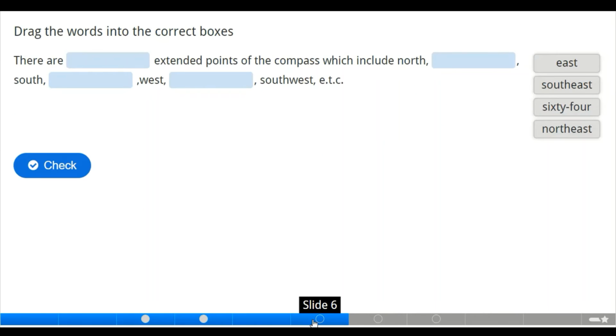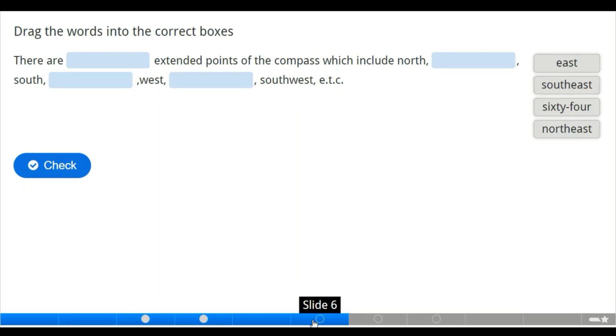Now when we are talking about the cardinal points, as we made mention of earlier in the previous slide, we can see that we have north, northeast, northwest, east, south. We have so many of them there. There are 64 extended points of the compass, and we just highlighted some of them in the previous slide.